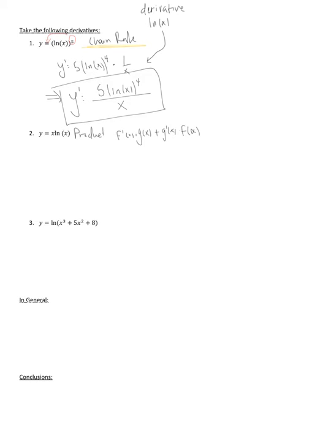First and foremost, my f of x is going to be x, this first piece. My g of x will be the natural log of x, which tells me f prime, here's a hard one, is just 1. G prime is 1 over x.